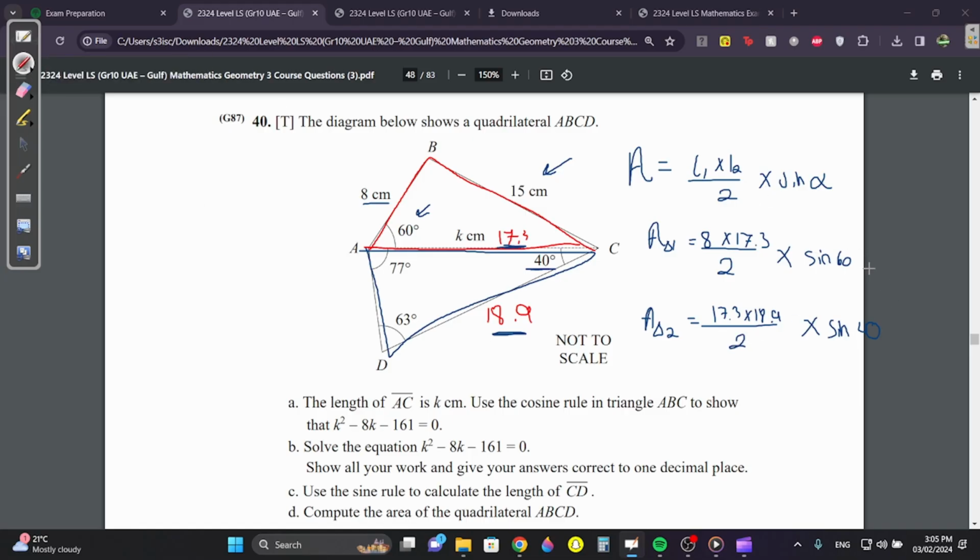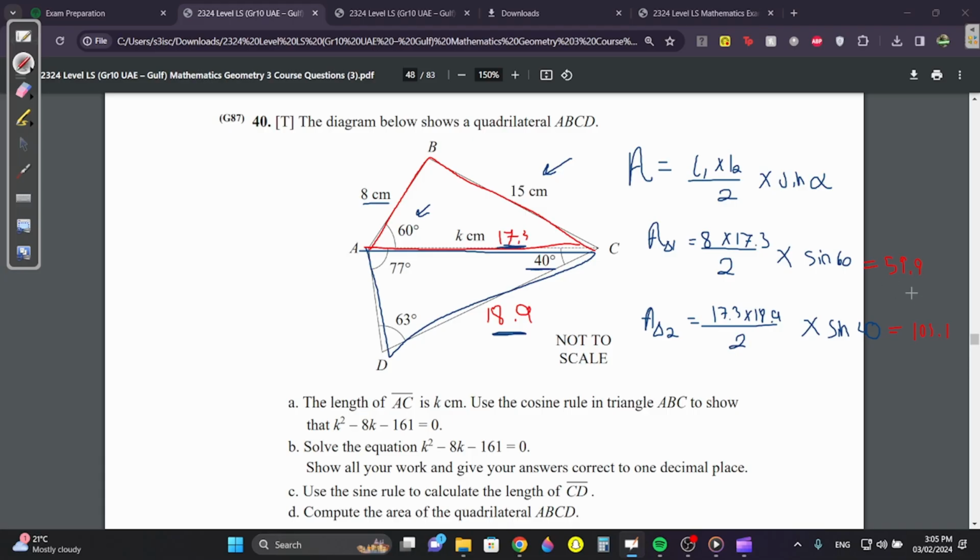You're going to get, let me do it. 8 times 17.3 divided by 2 times sine 60, it's 59.9, one decimal place, and this is going to be 17.3 times 18.9 divided by 2 times sine 40, it's going to be 105.1.